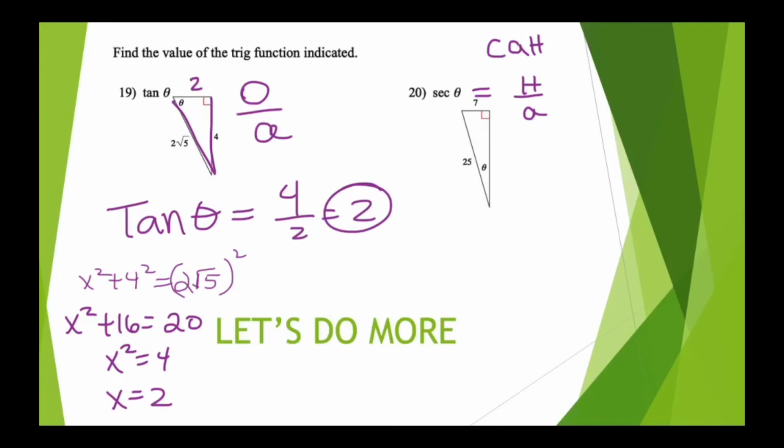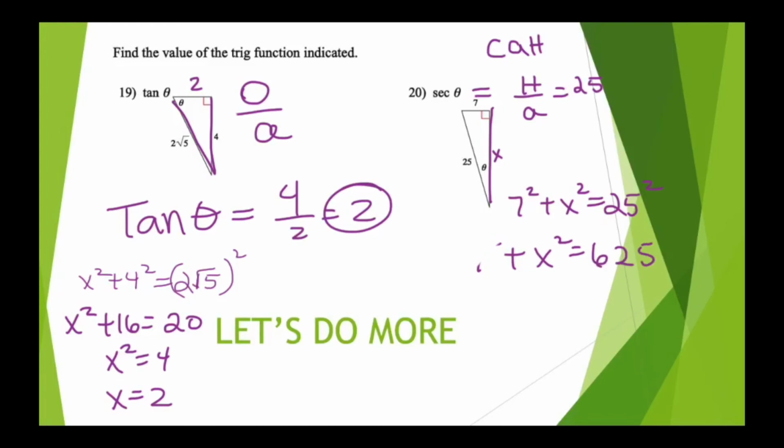So the hypotenuse is 25. We have that one. But we don't have the adjacent. We're going to have to find it. We're going to call it x. 7 squared plus x squared equals 25 squared. We're using the Pythagorean Theorem. 7 squared plus x squared equals 625.